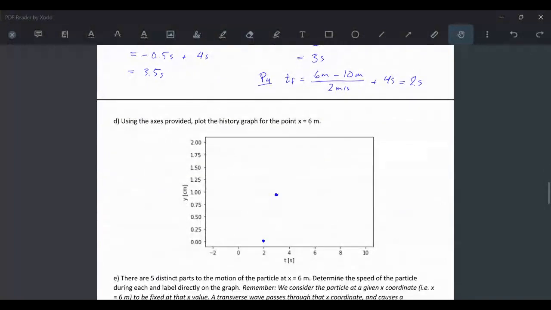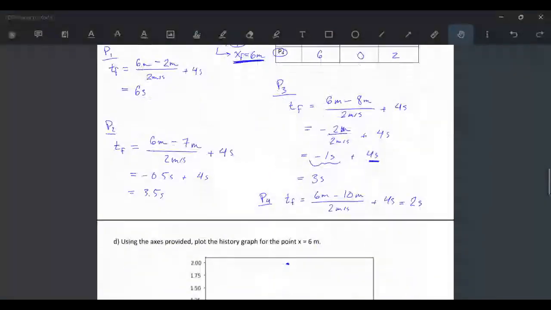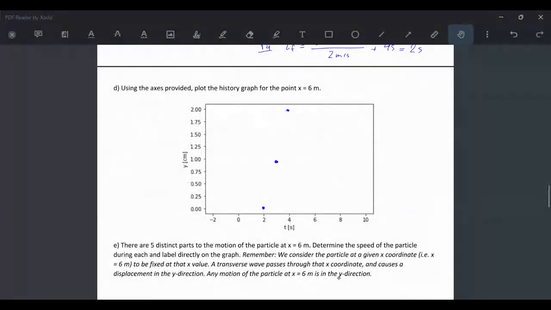At 3.5 we have the crest, and then all the way down at 6, I think, yeah. We have our 4 points, and outside of these 4 points, there's no waveform, it's just at 0.